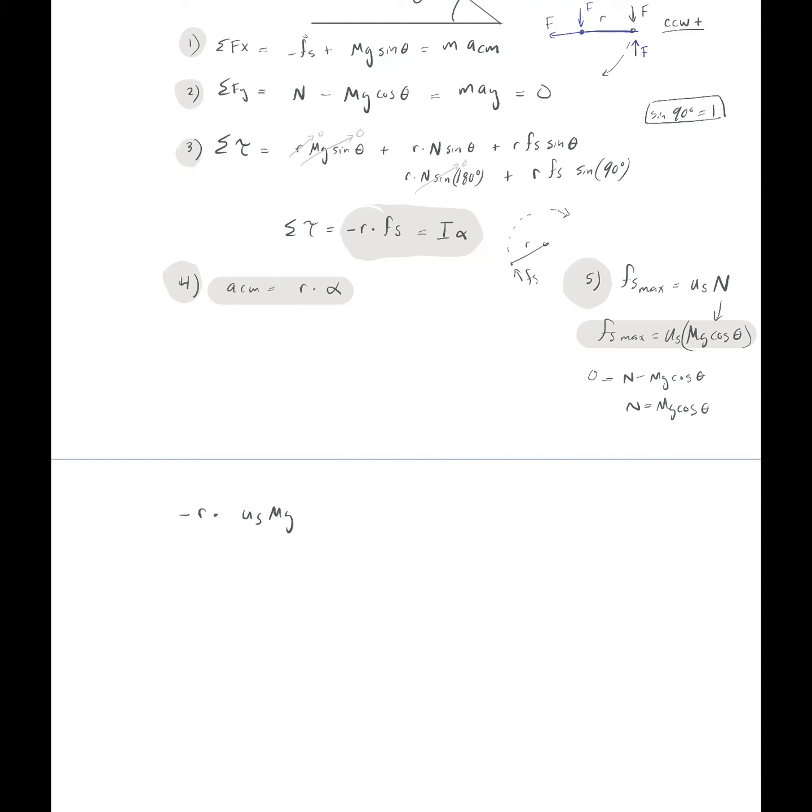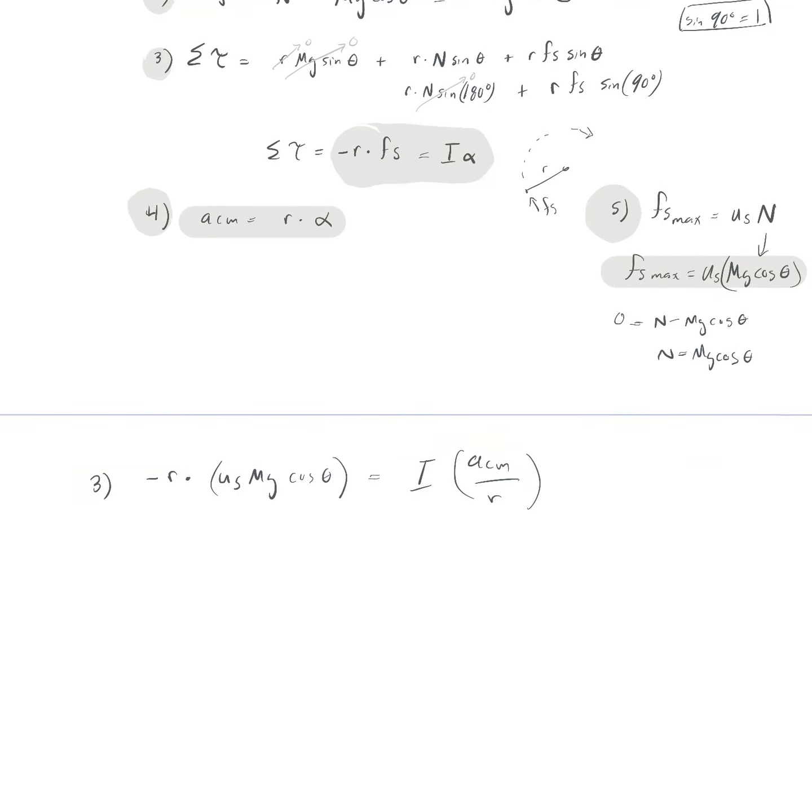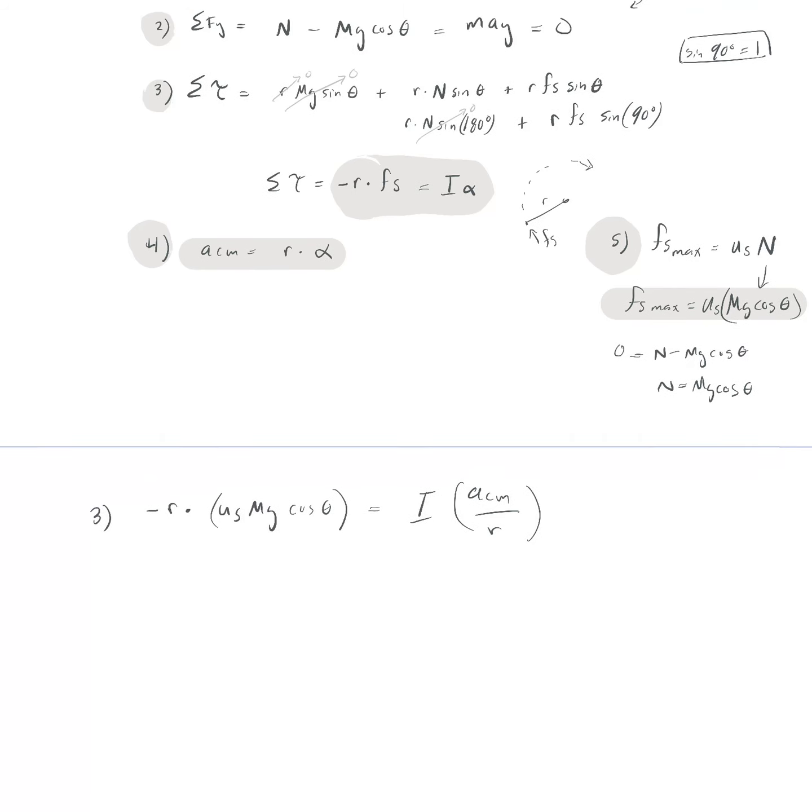I'm taking this torque equation, number 3. We're just doing number crunching here. And then we're going to set that equal to I, and my alpha I'm going to relate to ACM, so ACM over R. Okay, cool. So let's see what else I can do here. Okay, so I have one equation with ACM.